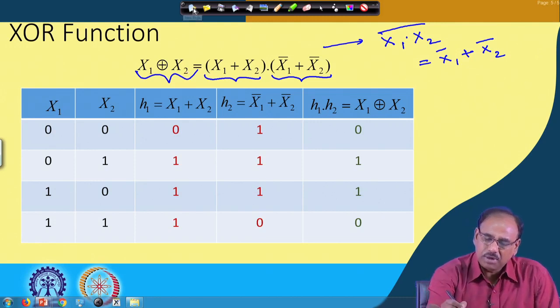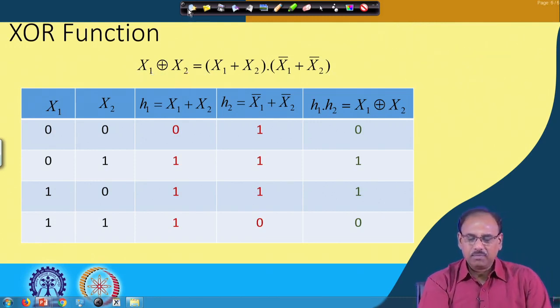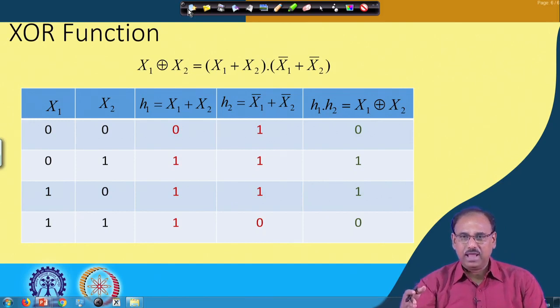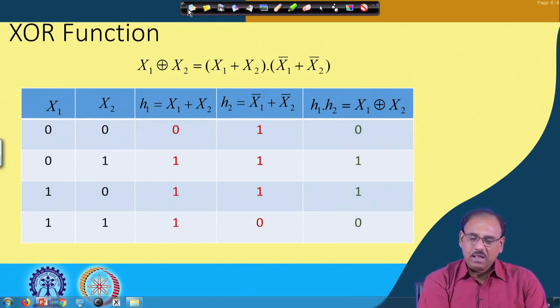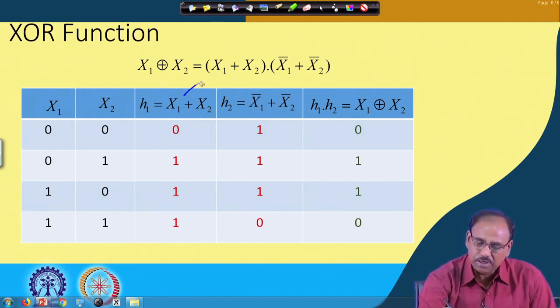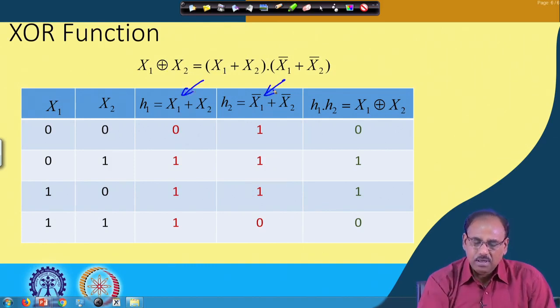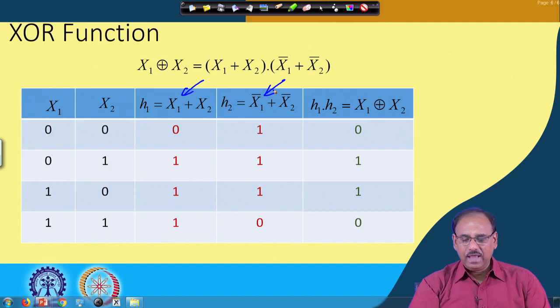So, effectively what I am doing, as shown in this particular table, is converting the input vectors x1, x2 to an intermediate vector h given by components h1, h2. Here you find that if I consider that the output of the OR operation is h1 and the output of the NAND operation is h2, as we have shown here, then when the input is 0, 0, h1 will be 0 and h2 will be 1.